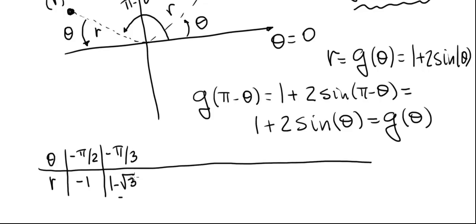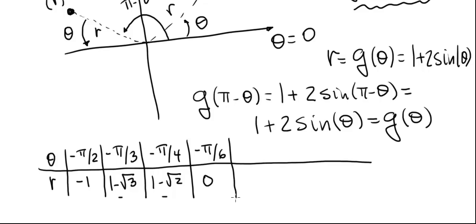Note that that's a negative number. At minus pi over 4, it's 1 minus square root of 2, which is also negative. At minus pi over 6, sine of minus pi over 6 is minus 1/2, and then 2 times minus 1/2 is minus 1, plus 1, that's 0. When theta is 0, r is 1.